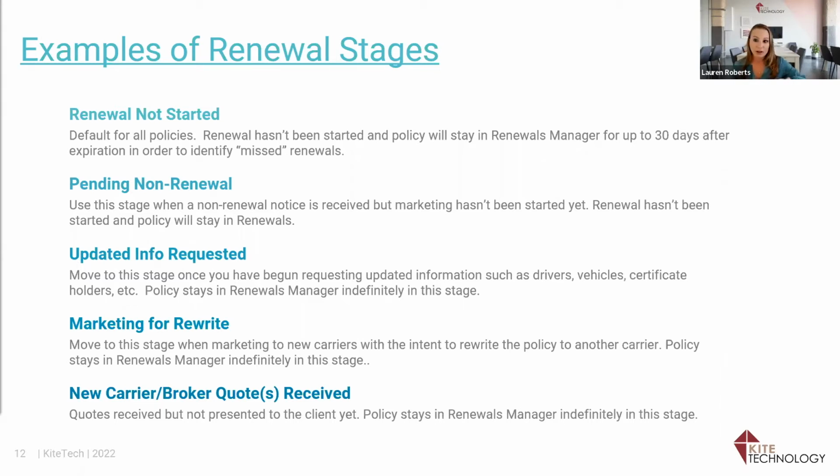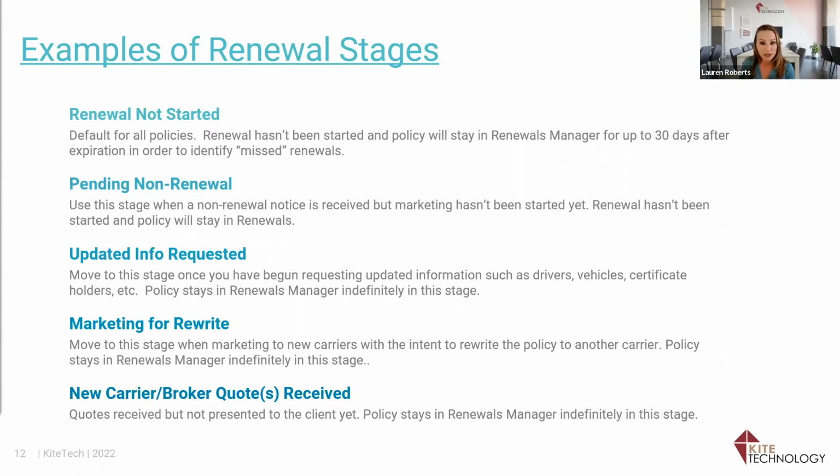Now, one thing I want to point out on some of these stages that are after the renewals not started is those stages I would have configured to remain indefinitely. So if you put a policy in the marketing stage of your renewals process, it's going to stay in Renewals Manager indefinitely. If it's 6 months from the expiration and you never took it out of marketing, it's still going to be in your Renewals Manager, because your process should have been that you marketed and it either canceled, we lost the business, or you renewed or rewrote that policy to reflect the correct renewal stage.